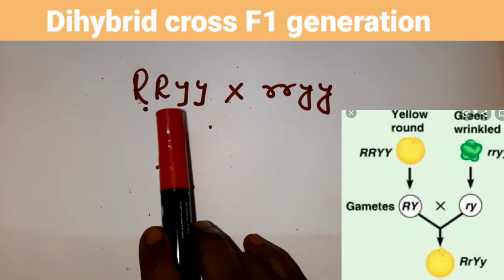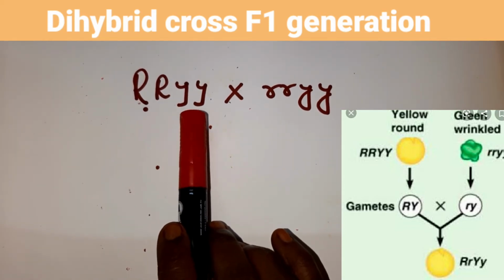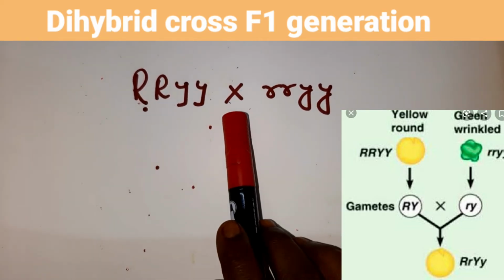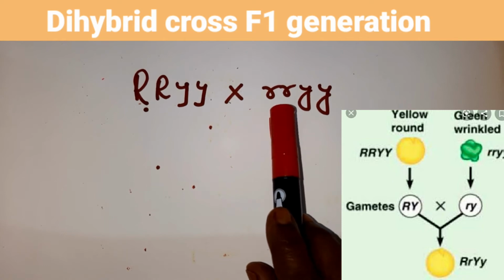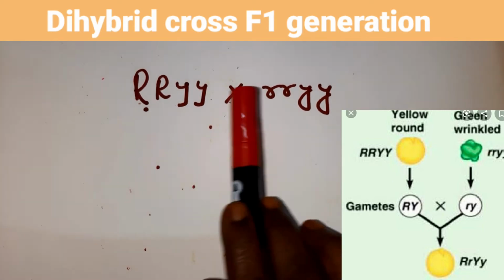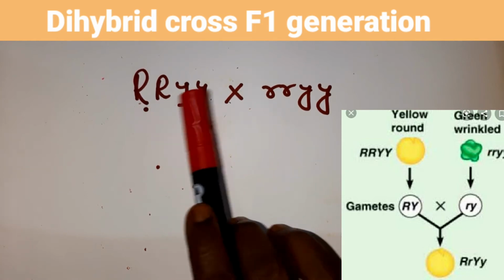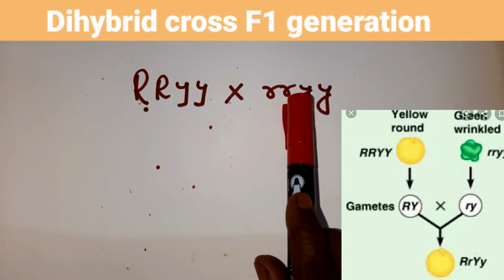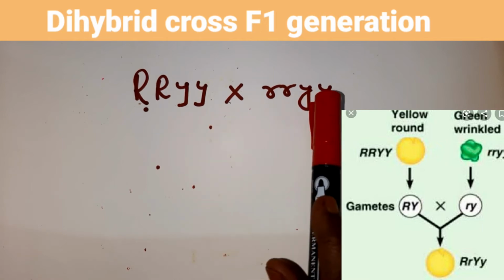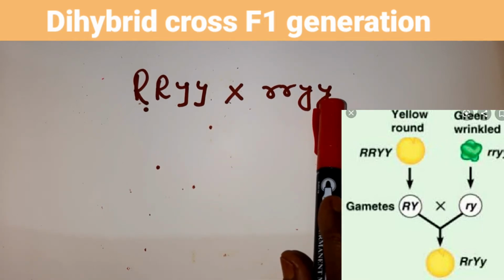Round yellow, capital R capital R capital Y capital Y, cross-pollinated with green wrinkled. Round, capital R; wrinkled, small r; yellow, capital Y; and green, small y.